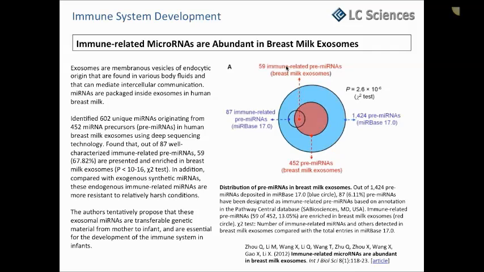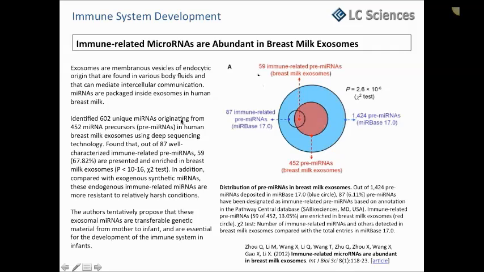It's very interesting to note also that there were experiments done about the stability of these microRNAs, and it was shown that these 59 immune-related microRNAs are very stable as compared to synthetic microRNAs.